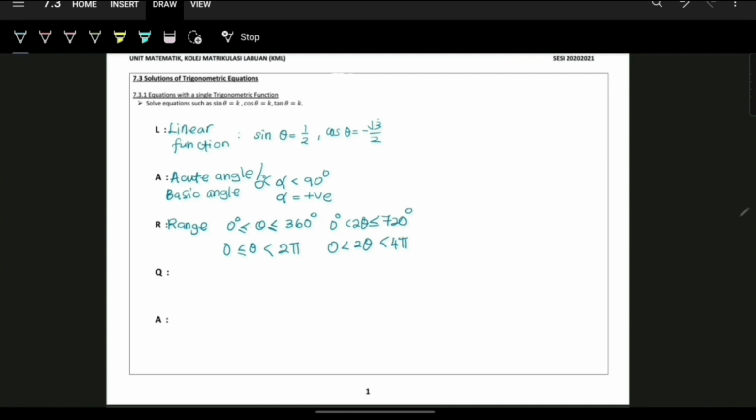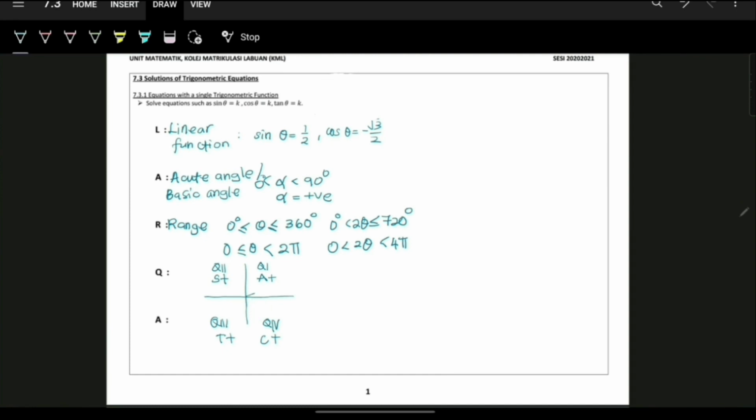And Q stands for quadrant. Let's say we have here quadrant 1, quadrant 2, quadrant 3, and quadrant 4. We know that here all are positive, here only sine is positive, here tangent is positive, and here cos is positive, or we can say "All Science Teachers Cute".